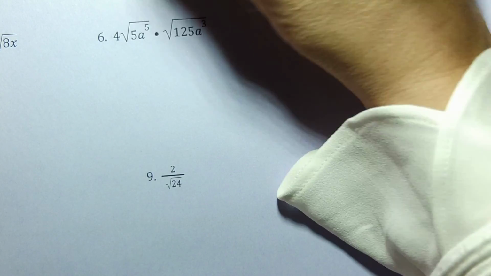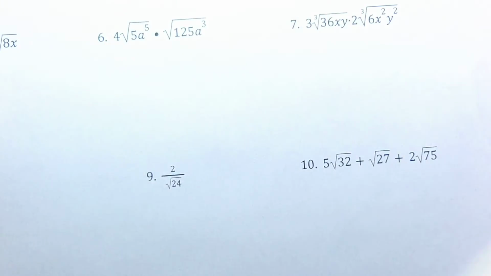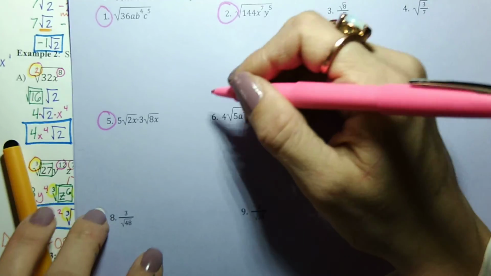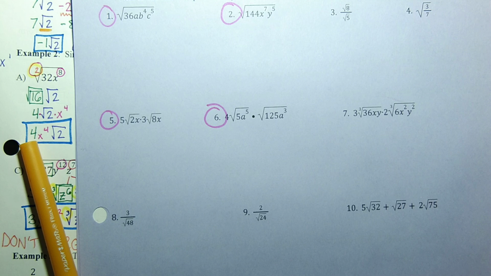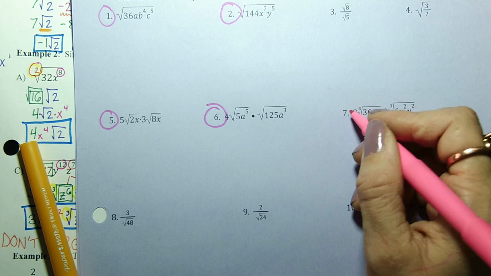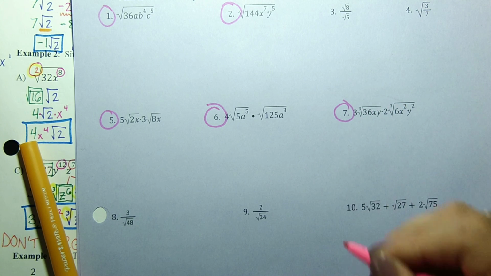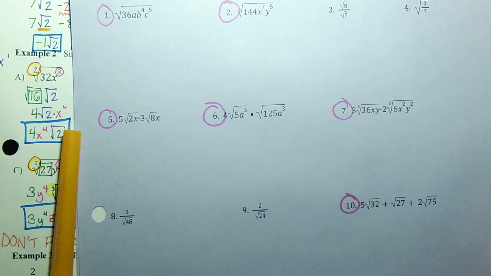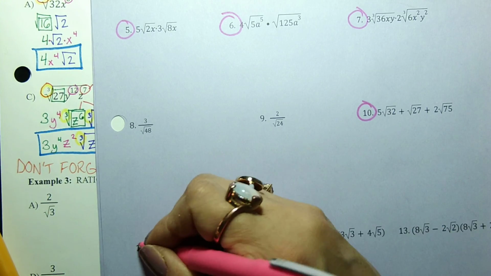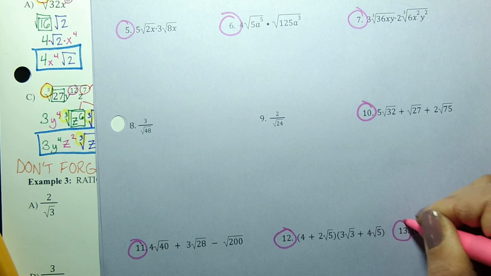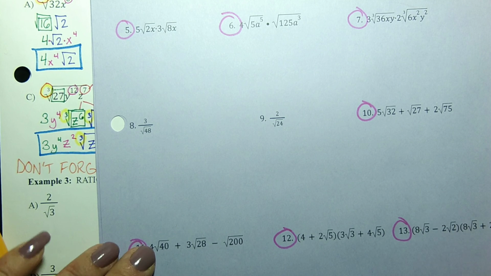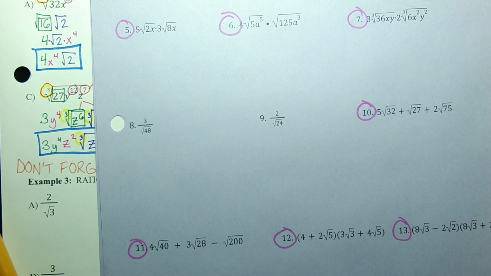So go ahead and circle number 1, 2, 5, 6, 7, 10, 11, 12, and 13, 16, and 18 and 19 on the next page.